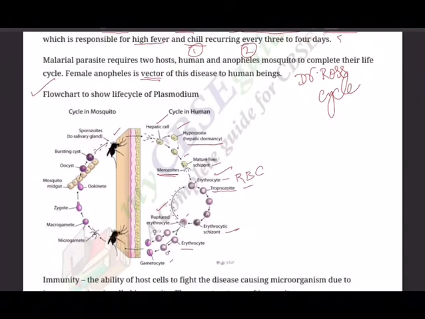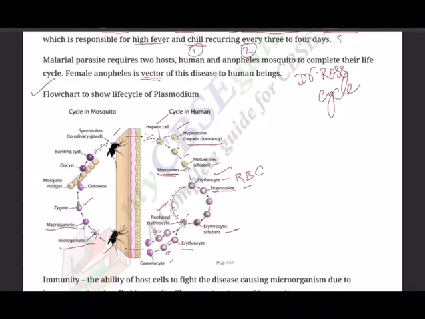These gametocytes will be entering again into the female Anopheles mosquito because of the bite. When it bites, the gametocytes enter into the mosquito and become microgametes and macrogametes, and there is zygote formation. So zygote formation is taking place inside the female Anopheles mosquito, in the gut, that is the intestine.